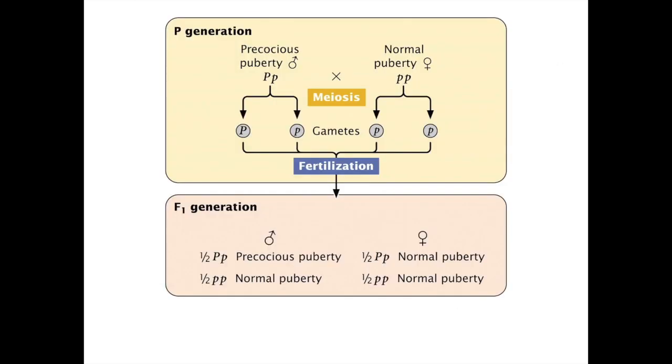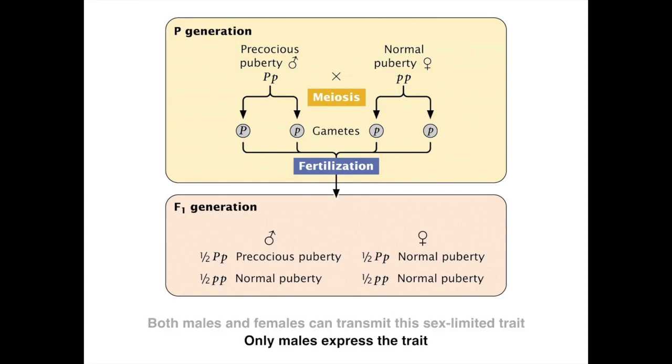If a male that has undergone precocious puberty mates with a female that has undergone normal puberty, and he is heterozygous for this autosomal dominant allele, in the F1 generation, half of the males will undergo precocious puberty, and none of the females will, even if the female carries the dominant precocious puberty allele. So both males and females can transmit this sex-limited trait, but only males can express the trait.